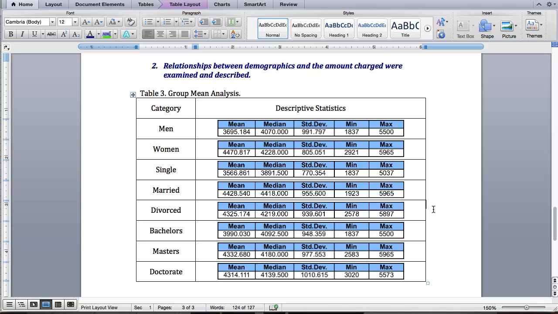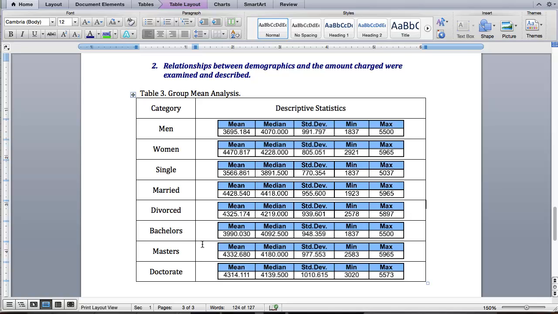For marital status, the married group spends notably more on average than the single group, but the married and divorced groups spend on average roughly the same. For education level, we could see that there's virtually no difference in mean spending between the master's level and the doctoral level cardholders, and they both spend on average a little bit more than the bachelor's level. So these are the effects that we're trying to note through our descriptive group mean analysis.